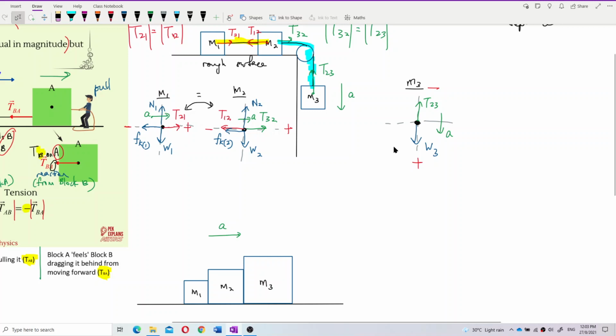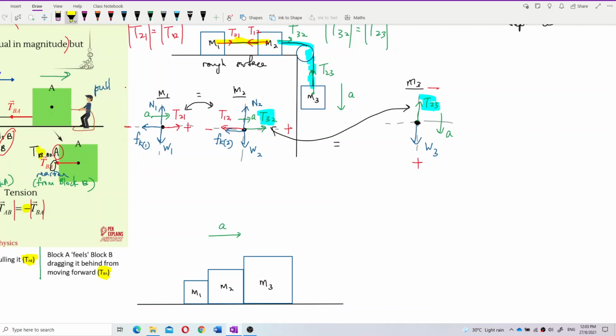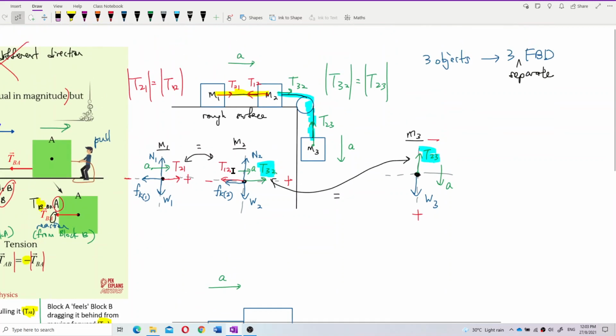And this one and this one, T32 and T23, they are equal. Understand? And T21 and T12 are equal also.